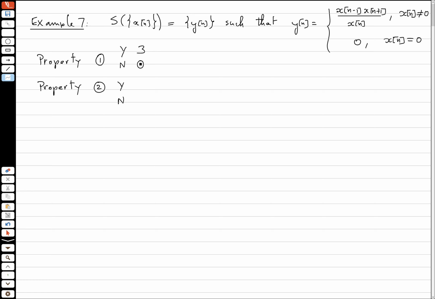Who votes that property 2 is valid? Who votes that property 2 fails? All right. Property 1 works, actually. Oh yeah, nobody said no.